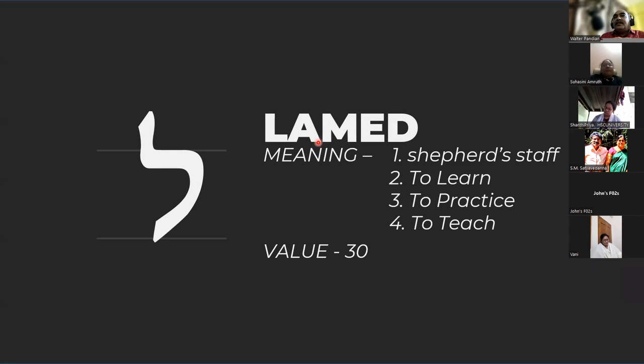Now, some shepherds say, no need of learning now, I don't want to learn now. When they stop learning, that means discipleship is over. The Greek word for disciple is mathetes, which means student, learner.